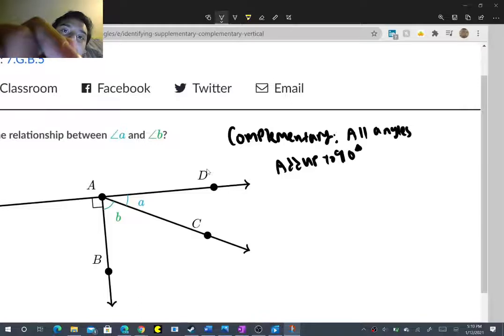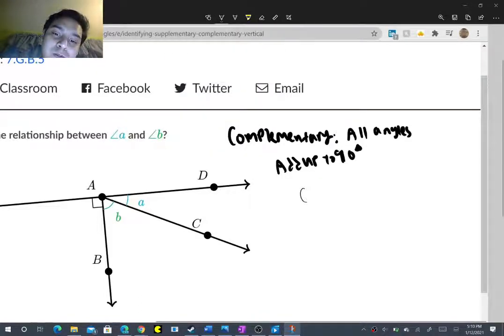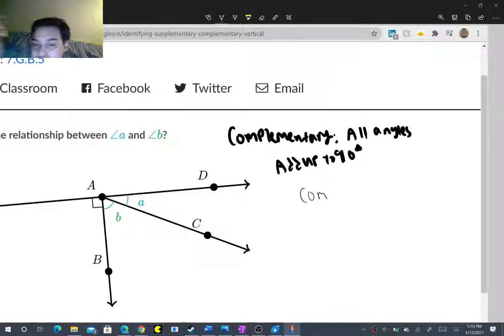The way that my high school teacher in geometry would put it is that if you have a complementary angle, just think of the C as a 90 degrees.